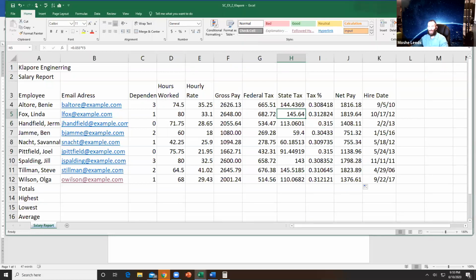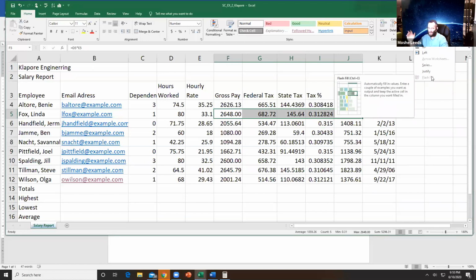But if you did not get that flash fill, you could always just go like this. Sorry, it's the wrong term. It's all marketing. It's not flash fill, it's called autofill.